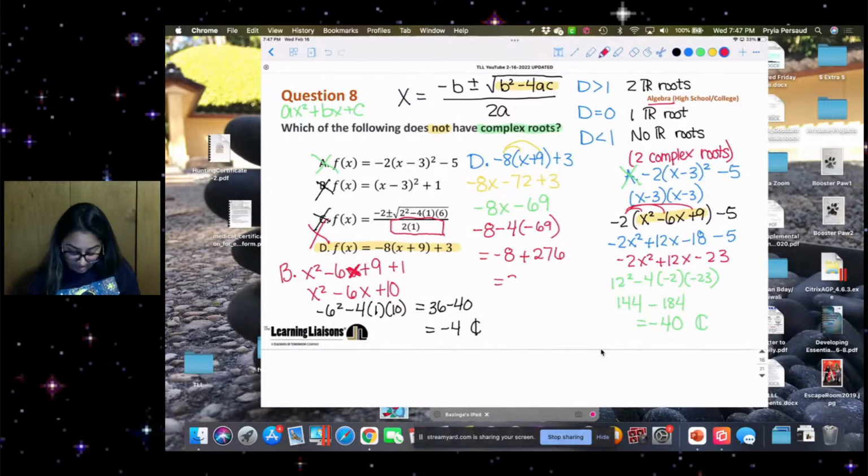When I solve, I'll get my answer as a positive number, which is what we were looking for, which tells me that I have real roots. And it just so happens that I have 2 of them. Okay, so that's a lot of work, but we do all the steps together so you can see all the work while we're working together.